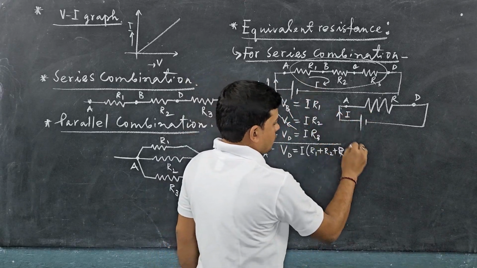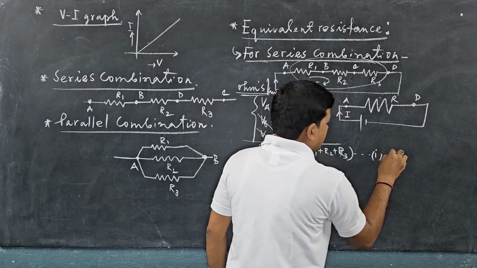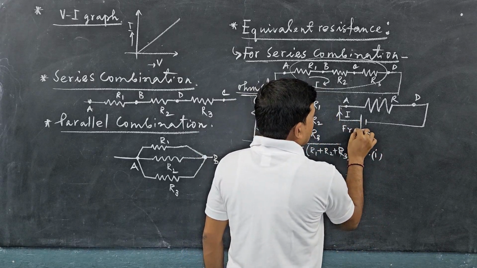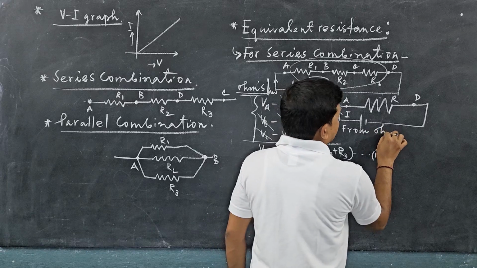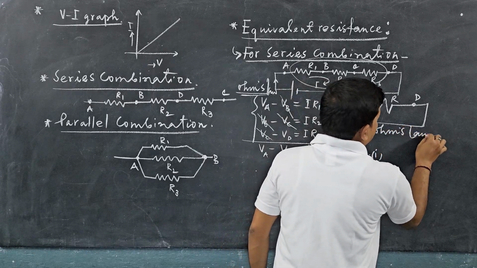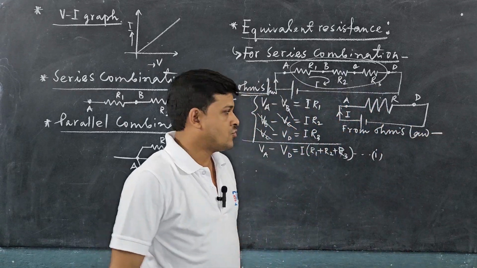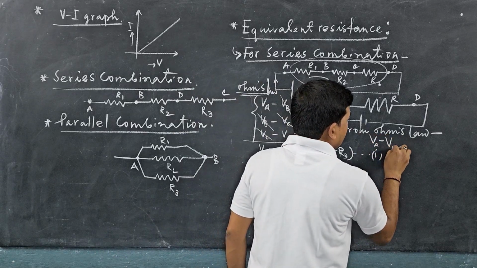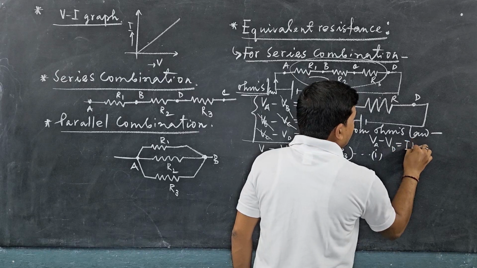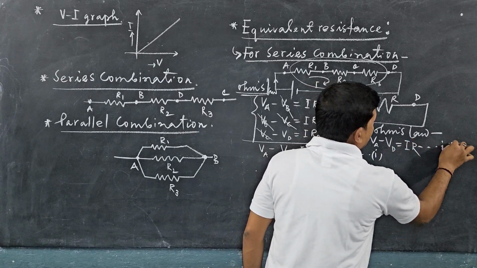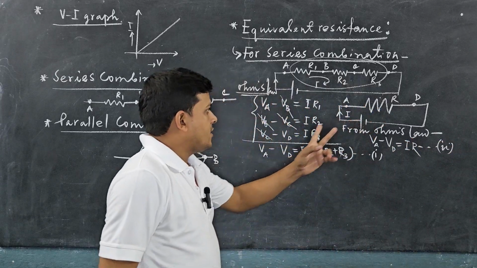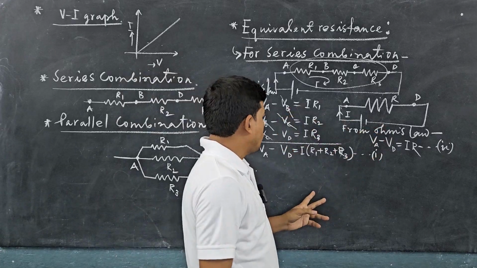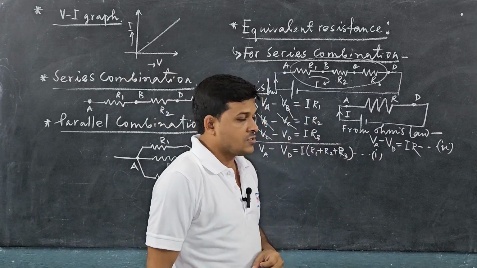Now from this we can write, this is equation number 1. From Ohm's law, for this circuit, by using this we can write VA minus VD equals IR. Now equation number 2. As the same electric current flows here, the potential difference is maintained.